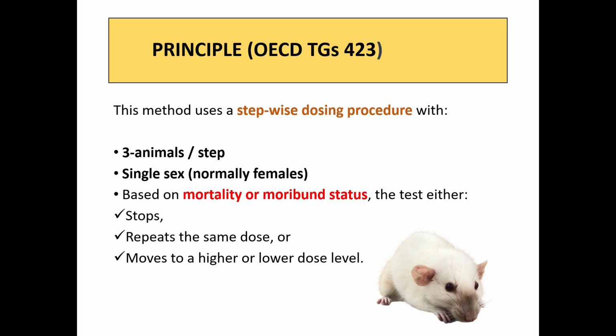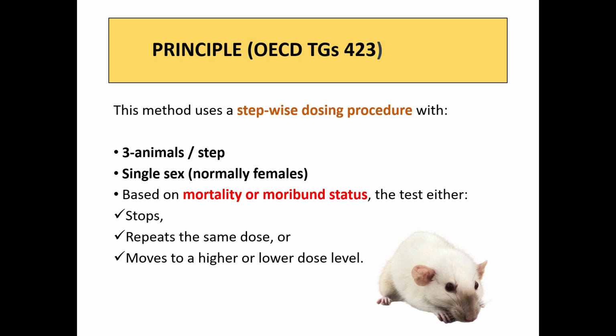Based on mortality or moribund status, the test is either stopped, the same dose is repeated, or you move to a higher or lower dose level. These conditions arise while you dose the animals.